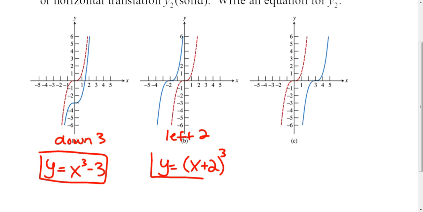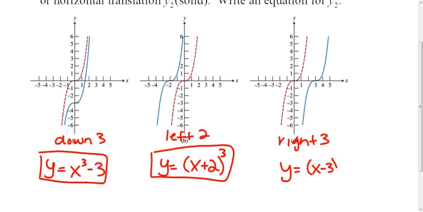It has to be added on inside. And this one moved it right 3, which changes it to x minus 3, cubed. Okay, so that's how the equations work when you move them right, left, up, or down.